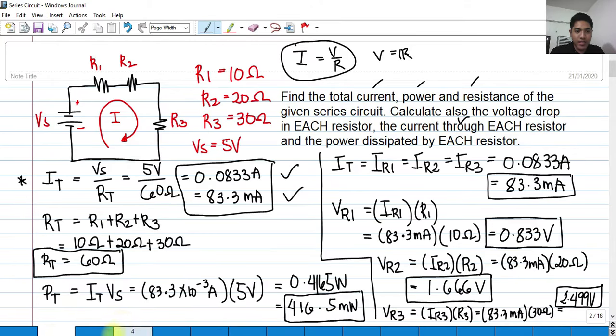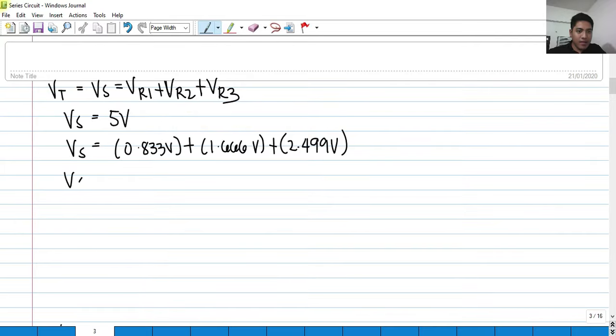Am I correct? Yes. So if we add 0.833 plus 1.666 plus 2.499, that is 4.998, which is approximately equal to our supply voltage, which is 5.